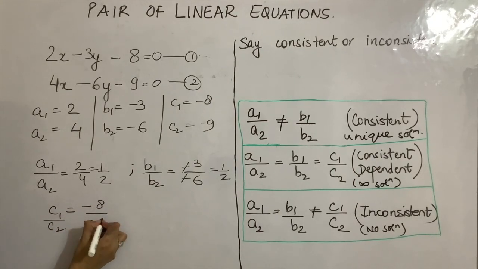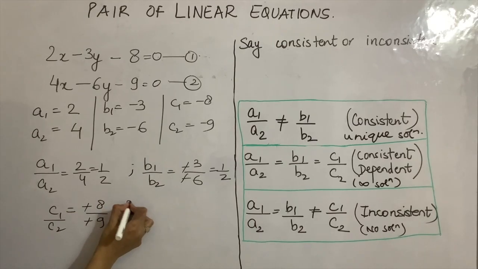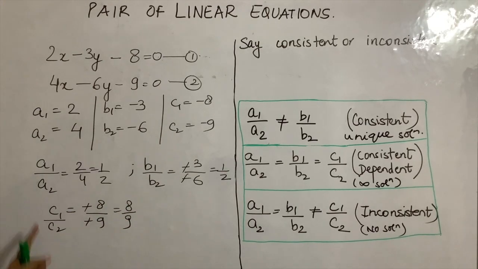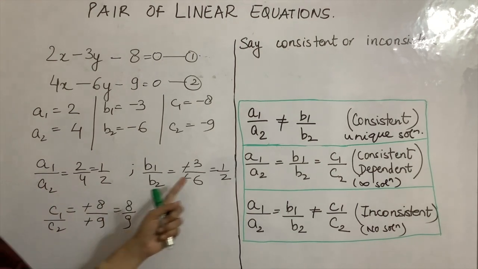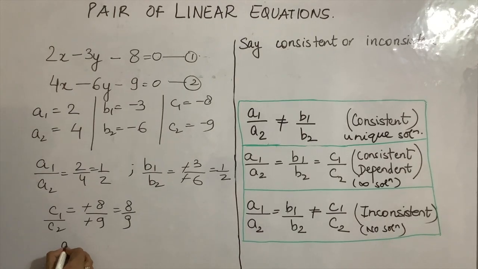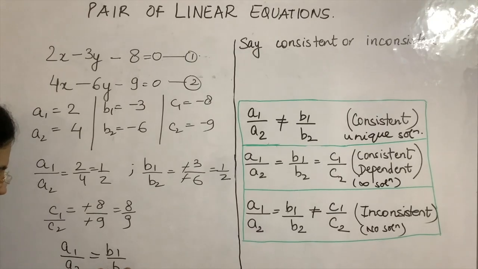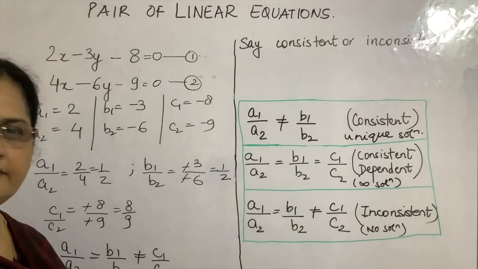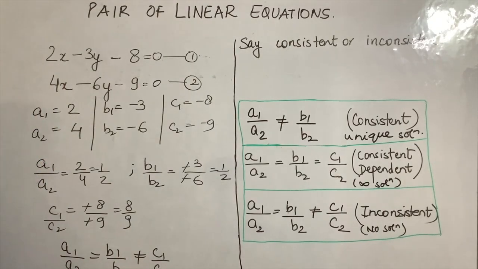Minus 8 upon minus 9, which is equal to 8 upon 9. So from here you can see A1 upon A2 is equal to B1 upon B2 but is not equal to C1 upon C2. I will write down A1 upon A2 is equal to B1 upon B2 but it is not equal to C1 upon C2. It hardly takes 10-15 seconds to reach to this conclusion.